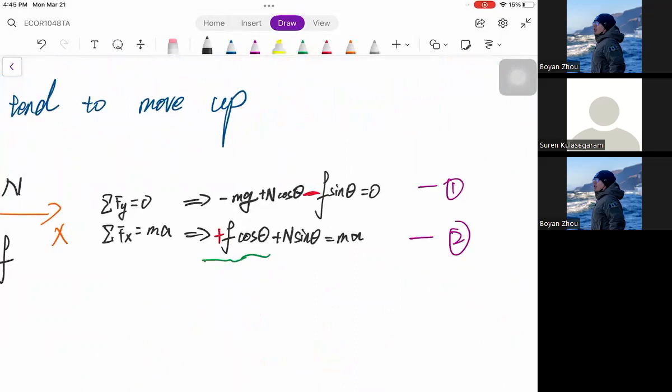The third equation is F equal to friction coefficient times the supporting force. F is an unknown, our acceleration is an unknown, and our supporting force is the last unknown.